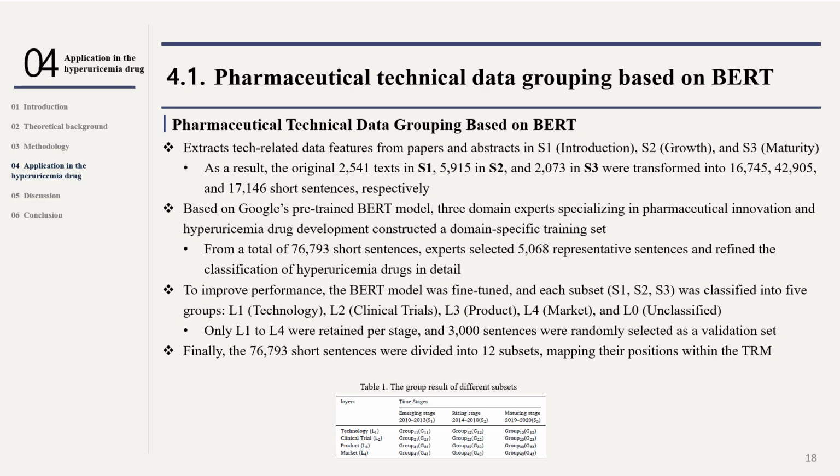To improve performance, the BERT model was fine-tuned and each subset was classified into five groups: L1, L2, L3, L4, and L0. Only L1 to L4 were retrained per stage, and 3,000 sentences were randomly selected as a validation set. Finally, the 76,793 short sentences were divided into 12 subsets, mapping their positions within the TRM.